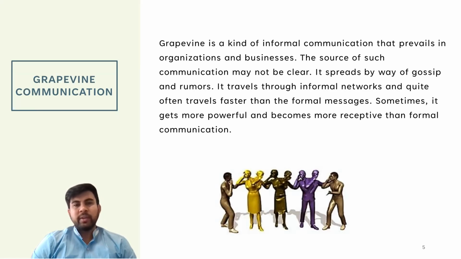So it is not a very good way of communication, but it spreads very fast. It can be used to advantage or disadvantage, but most grapevine communication is used as a disadvantage to organizations. It travels very fast because it is an informal network. Sometimes it is also very powerful and can become more receptive than formal communication.